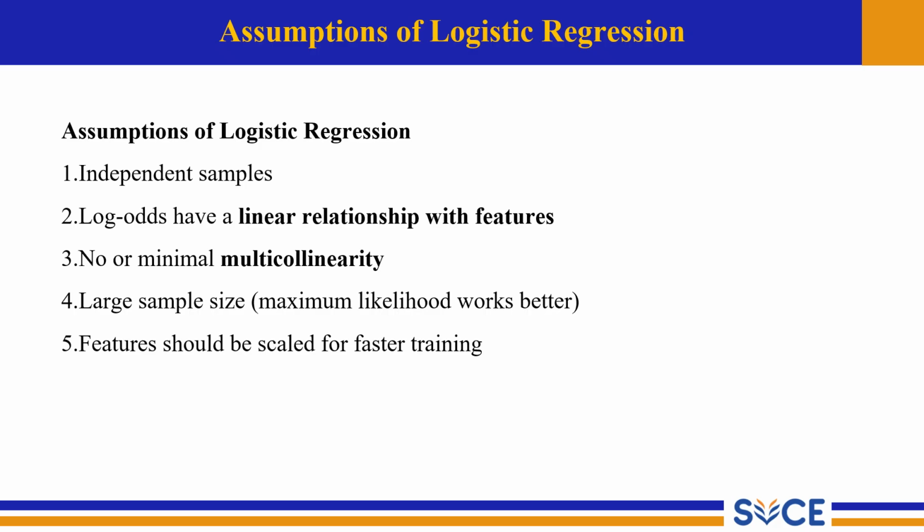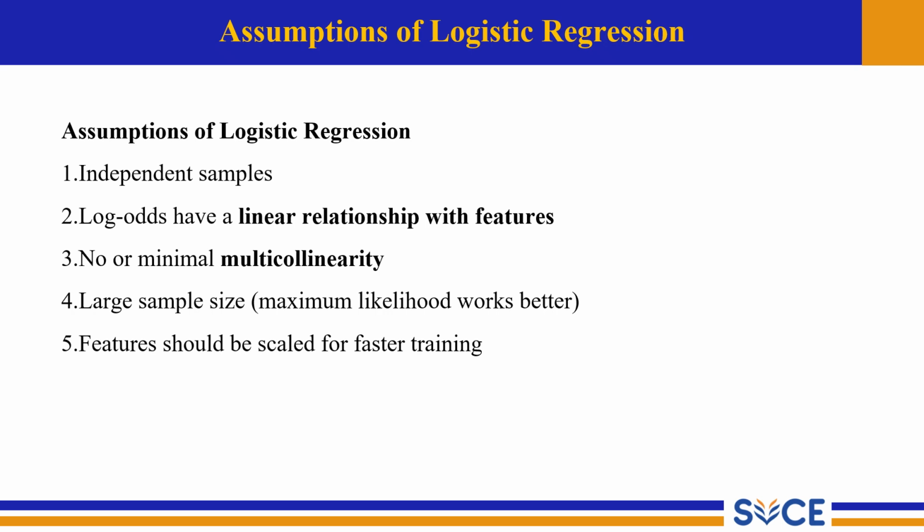Third, no or minimal multicollinearity. The features should not be highly correlated with each other. High multicollinearity makes the model unstable and the coefficients unreliable. Fourth one is large sample size.